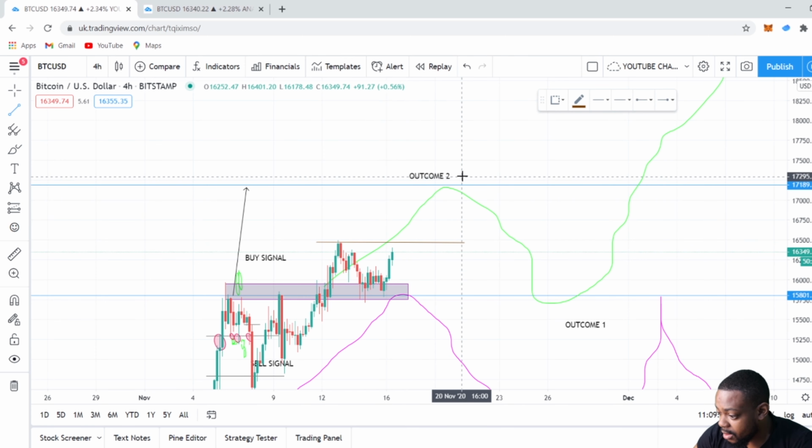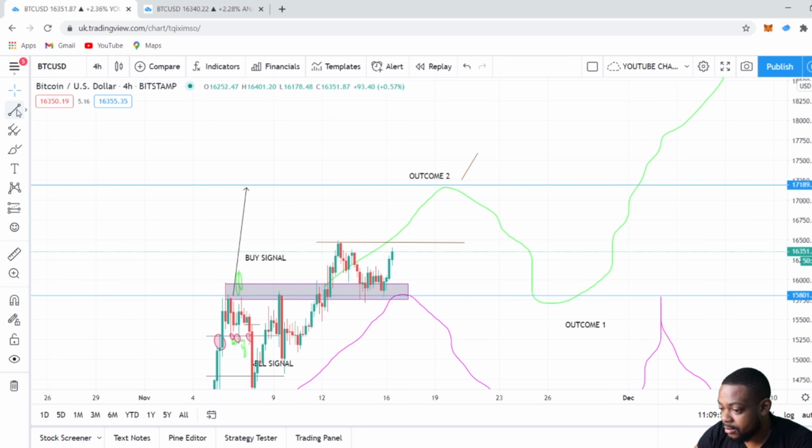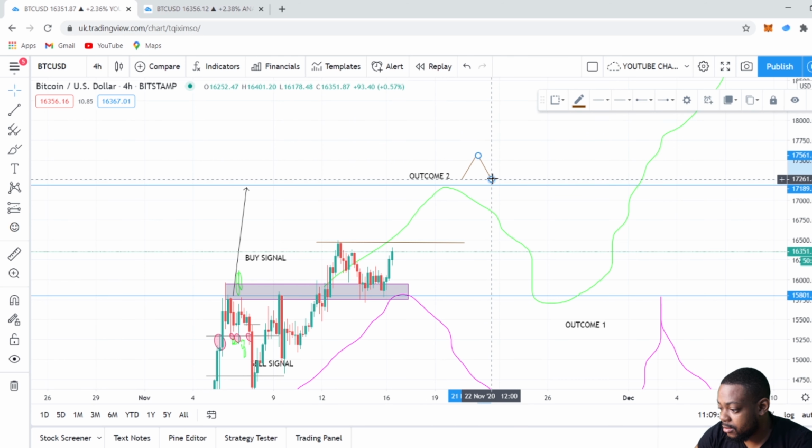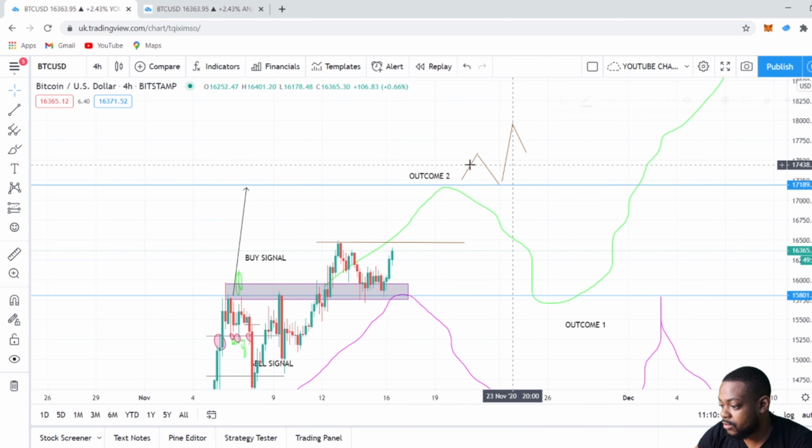So if it breaks this line, comes above and then comes back down and touches this line, this is what we're looking for.